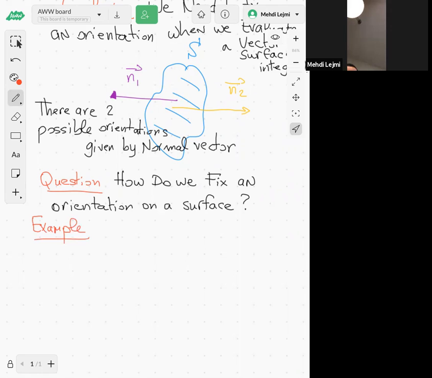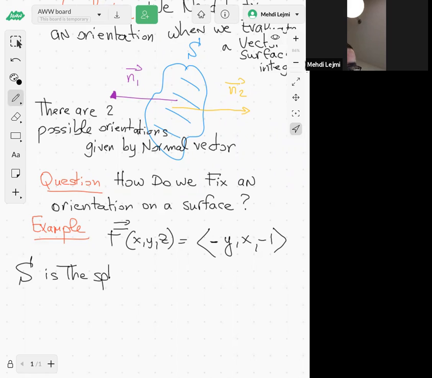Let's say you have the vector field F, with F of x, y, z equal to, for example, minus y, x, and -1. This is my vector field. Now I have the surface S. S is the sphere of radius 1, so x squared plus y squared plus z squared equals 1.